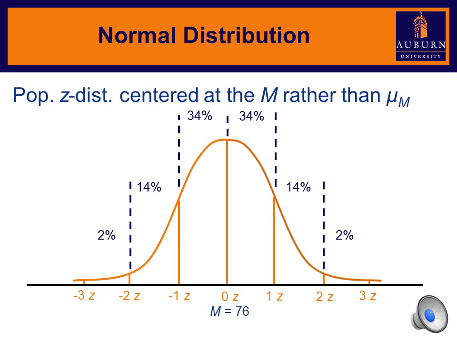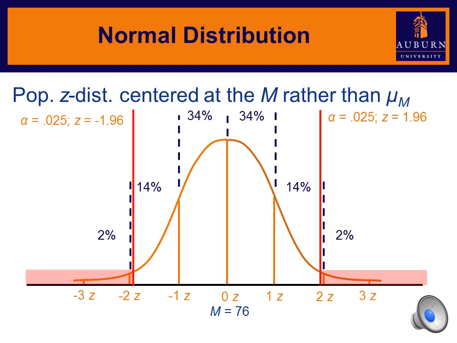But now it's centered at the sample mean of a performance appraisal rating of 76, rather than at the population mean of 72. So this distribution represents the performance of those employees with the new training, rather than the performance of employees with the old training. Again, it's now centered at the sample mean, not the population mean.